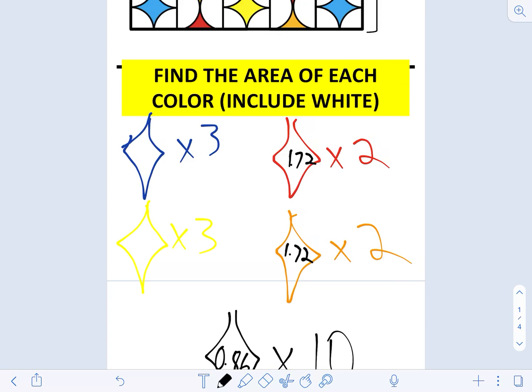And then add another 0.86, and you get 2.58. So all the blues are 2.58, all the yellows are 2.58, all the reds are 1.72, and all the oranges are 1.72.